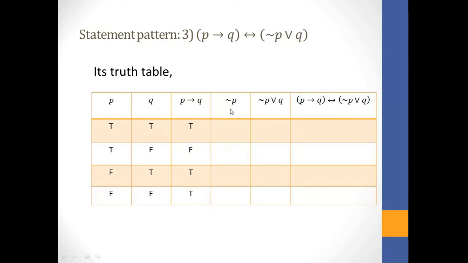Now the next column is negation P, negation of this. Very simple. It is F, then again F, T and T.